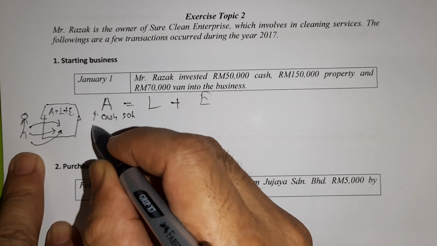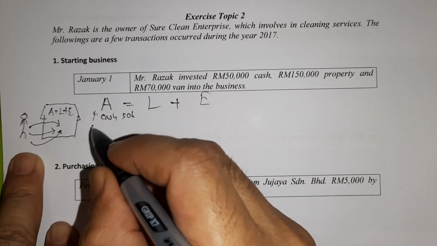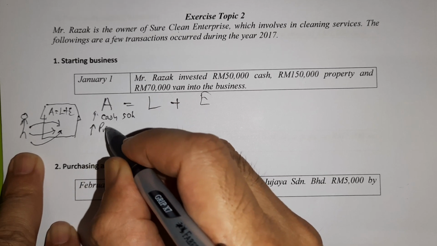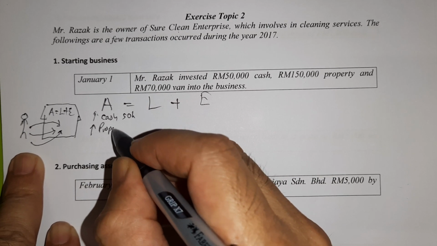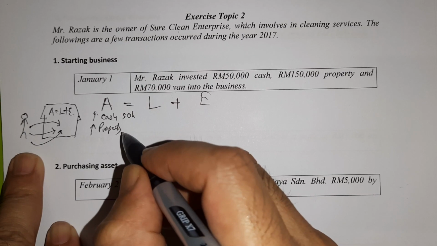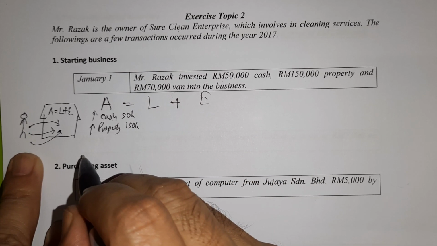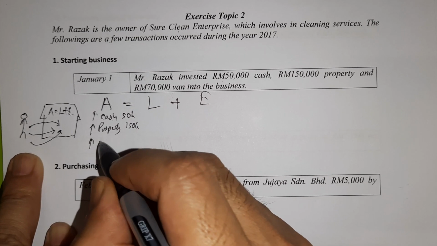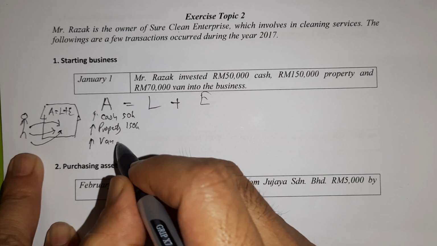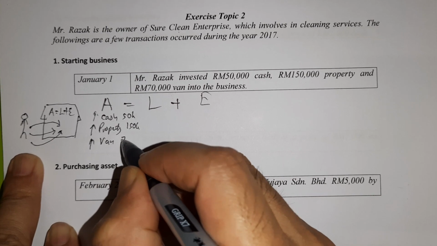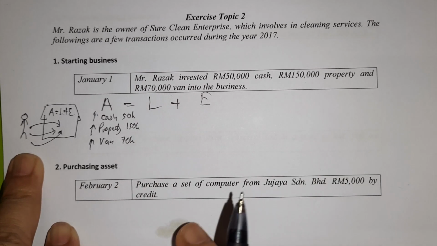And then the asset property also increased by 150,000. And then asset van also increased by 70,000. 3 assets increase.